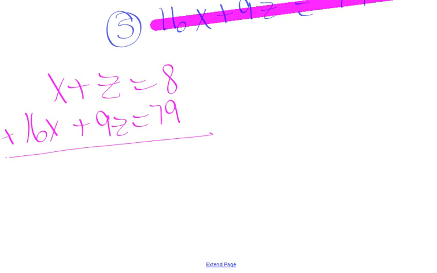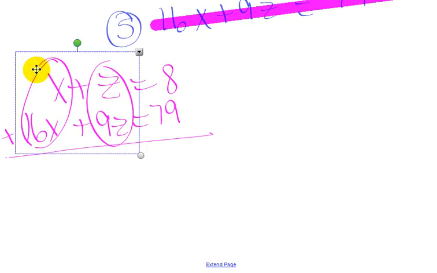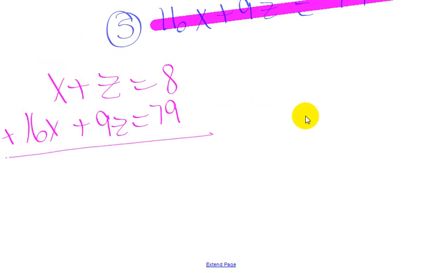So what can I add and eliminate a variable? Well, I can't with my x. I can't with my z. So what do I need to do? I've got to alter the first or second equation. So let's alter our first equation to make this a negative 9z.